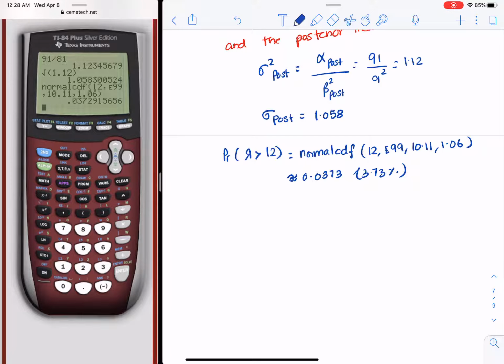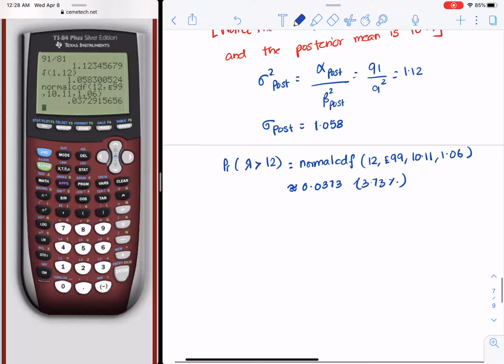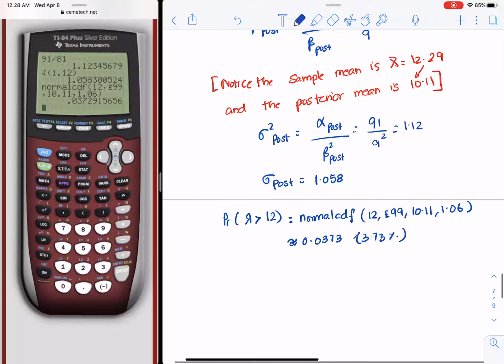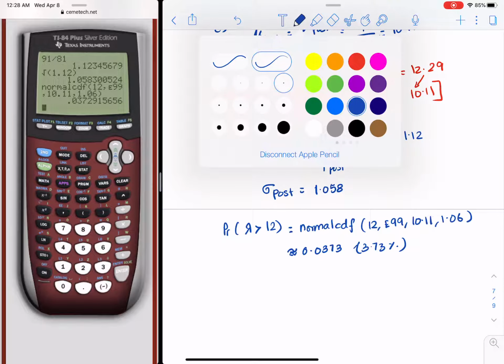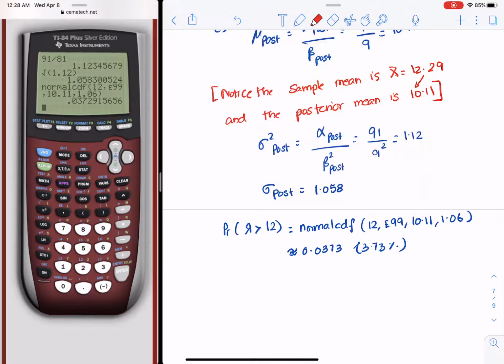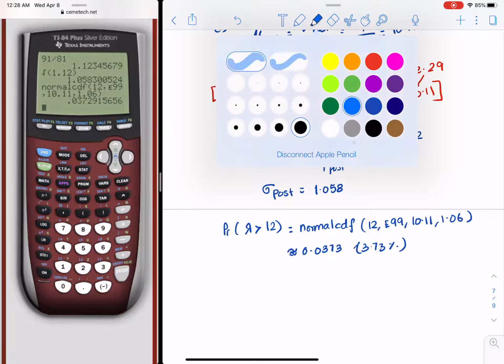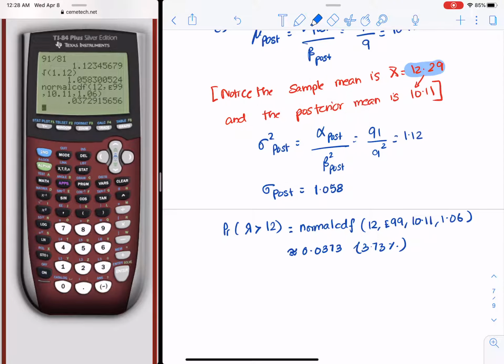Again, if we thought about it from an intuitive perspective, the sample mean was 12.29, which is right over here. And the prior information is bringing it down further to 10.11. So in the case of a Poisson, the posterior mean or the sample mean is the same as the rate parameter.